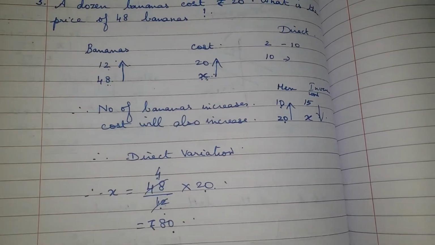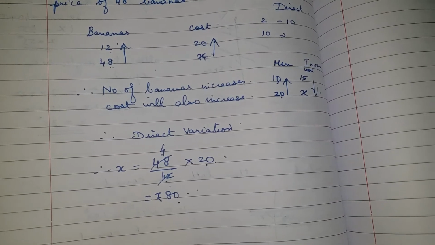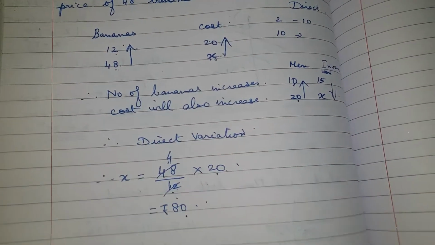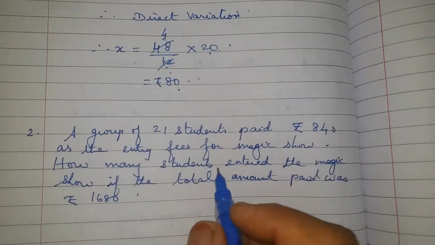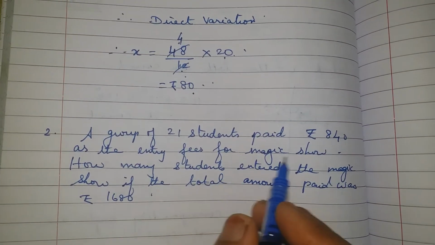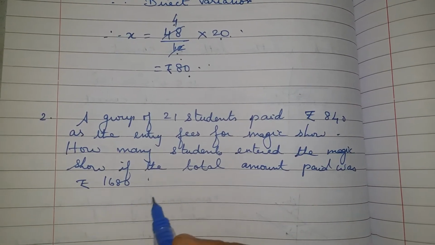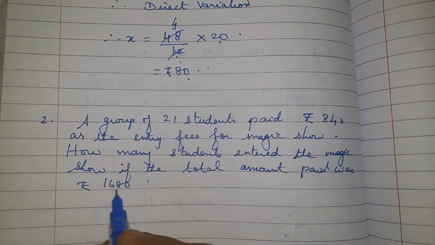Can you follow? Next sum is: a group of 21 students paid rupees 840 as the entry fees for a magic show. How many students entered the magic show if the total amount paid was rupees 1680?